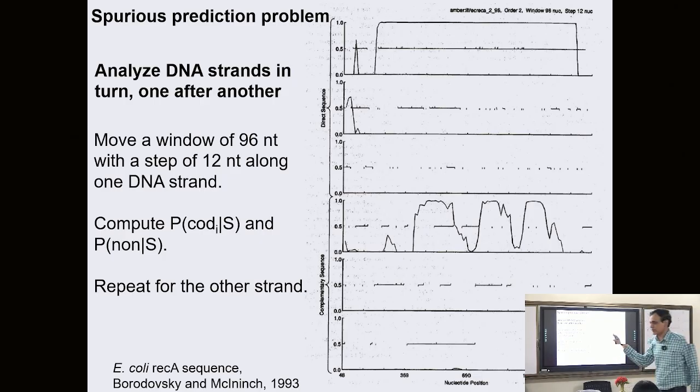Yeah, this is for only prokaryotes. The eukaryotic model would be different from this, even though the idea will remain the same, that you have to build a model for protein coding genes, and then a model for exons, the coding sequences, and a model for non-coding sequences, and a model for introns or splice sites, and so on.